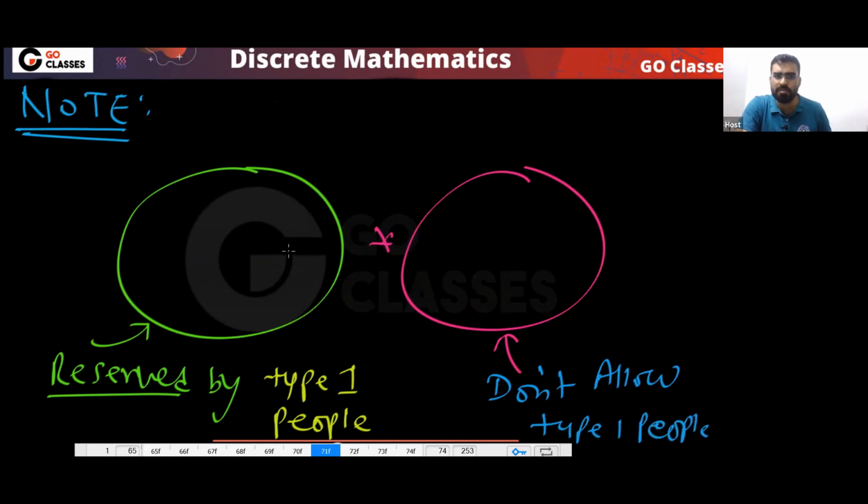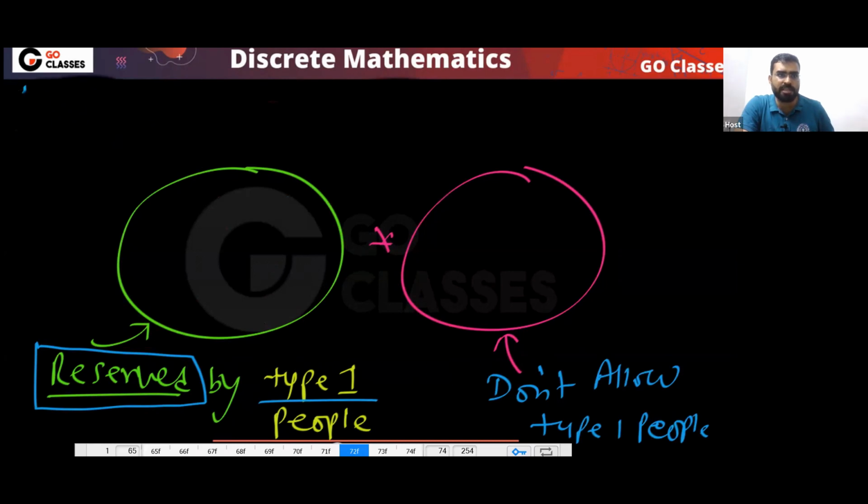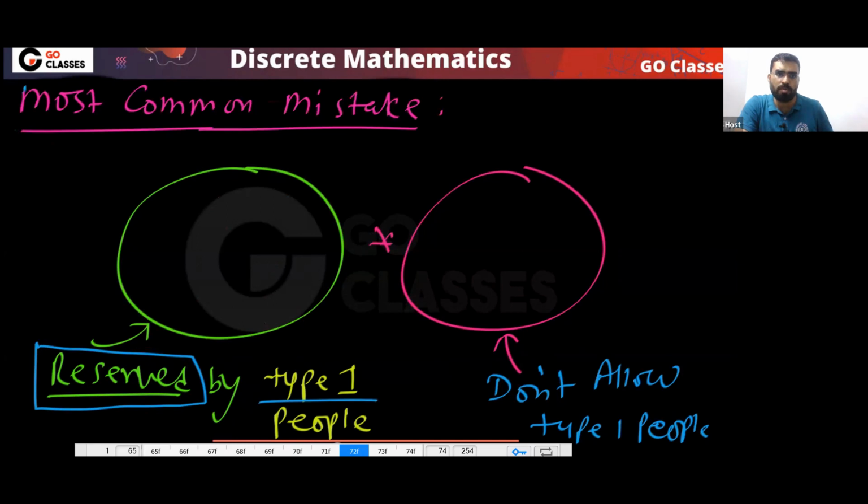Is this clear to everyone? If you are reserving these for type 1 people, and here you have considered all the possibilities for type 1 people, then don't allow type 1 people here. Don't do this. What is the most common mistake in combinatorics?